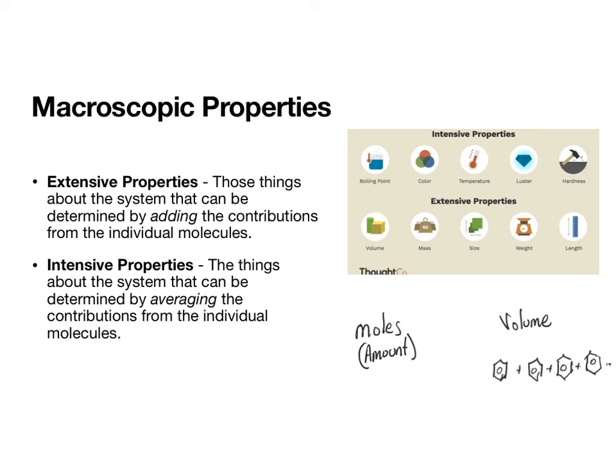Then there are intensive properties. And these are things about the system that can be determined by averaging the contributions from the individual molecules. So if we think about temperature, my individual benzene molecule, remember we said temperature is a measure of kinetic energy, has some amount of kinetic energy moving around.